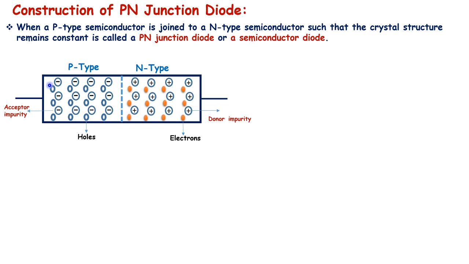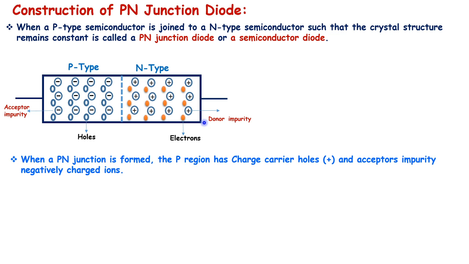As we know, in p-type semiconductor holes are the charge carriers and it has acceptor type impurity, whereas in n-type semiconductor electrons are the charge carriers and it has donor type impurity. When the PN junction is formed, the P region has positive holes as charge carriers and acceptor impurity as negative charge ions.